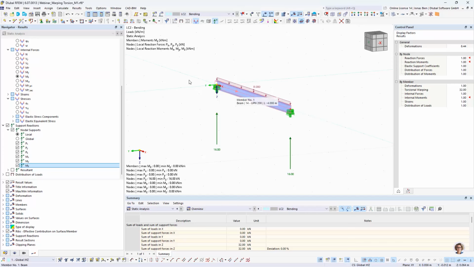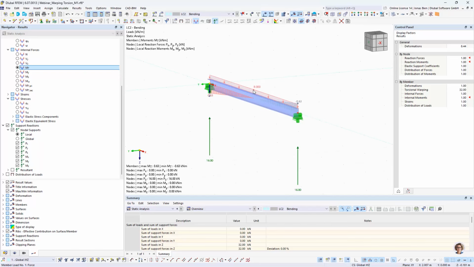get any torsional reaction load here, torsional moment at the reaction at the support. In this case, with 7 degrees of freedom, we get a torsional moment in the beam because this load has some lever arm to the shear center. So due to these eccentricities, we have actually a torsional moment in the beam, but we still don't have any reaction moment.